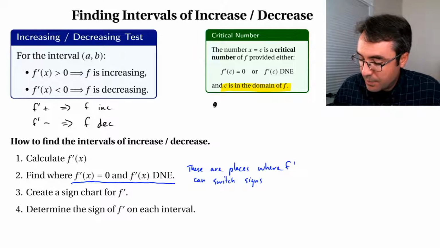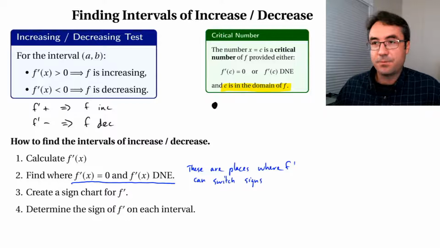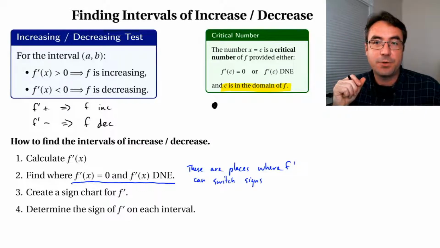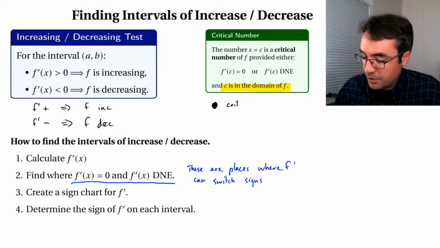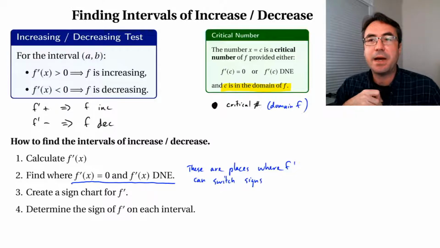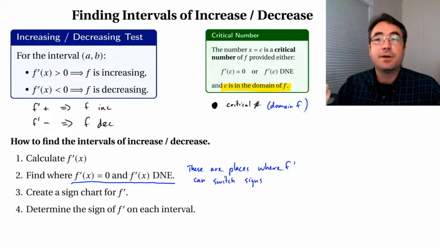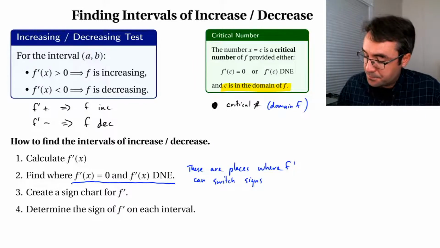When we do our sign chart, we're going to draw a number line, and then we'll put some dots on there for all the potential critical numbers. We're going to use a filled in dot for an actual critical number. What we mean by that is the derivative is equal to 0 there, or the derivative is undefined there, and it's in the domain of f.